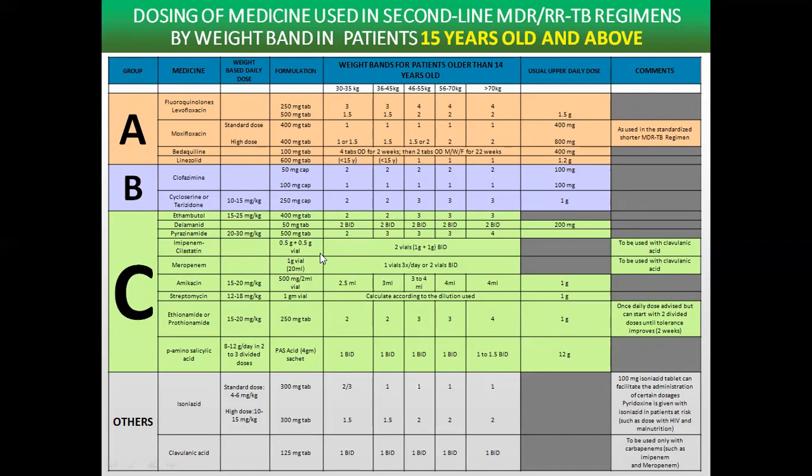Okay. So, imipenem is administered twice a day, every 12 hours. It is in IV form. So, we incorporate it to a 100 ml solution before being infused for 40 to 60 minutes. Okay.